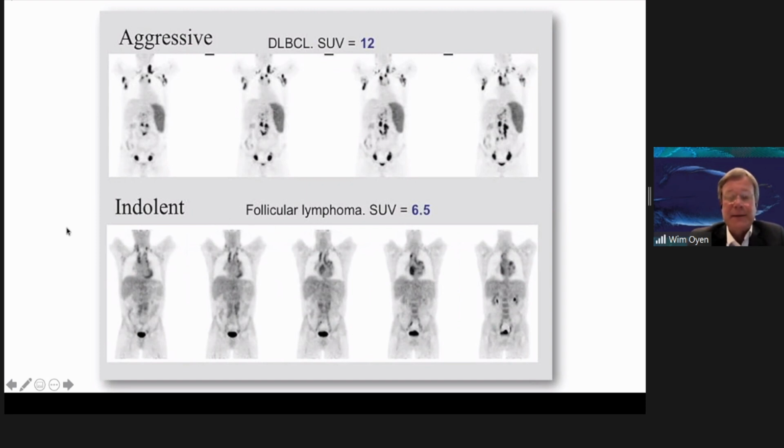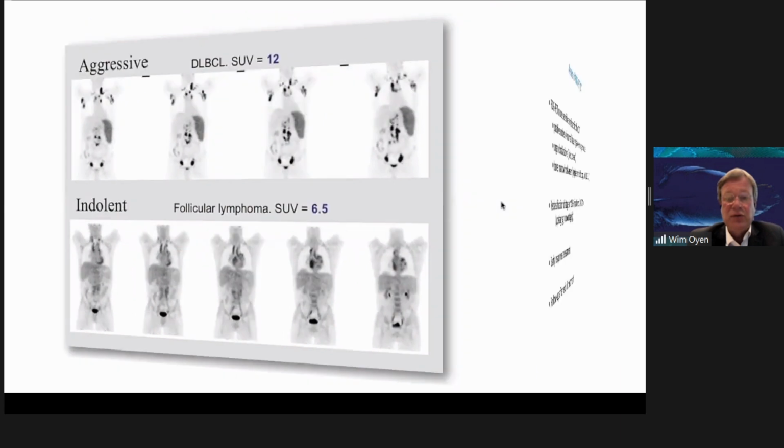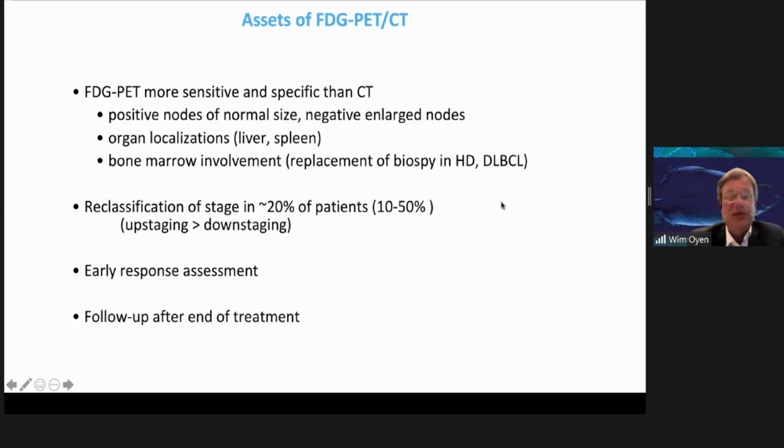And as Dr. Meyerhofer said, the closer the baseline FDG uptake gets to the organ of reference in response monitoring, the activity in the liver, the more difficult it gets to reliably use FDG for response assessment.